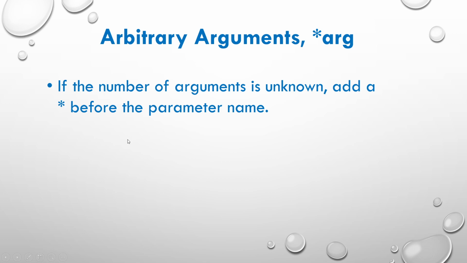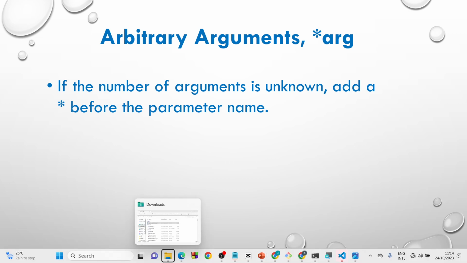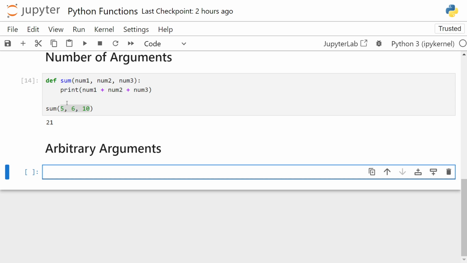If you add that, even if you pass 100 arguments during the function call, it will still be in line with your function. You will still be correct. It's not going to throw an error. So let's go back to our Jupyter notebook and work that out.